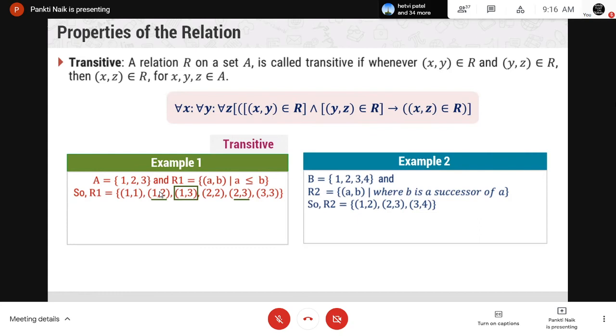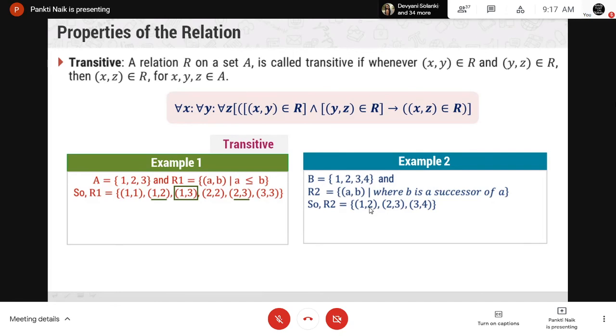Now let us see the second example, where B is equal to {1, 2, 3, 4} and relation R2 is equal to (a, b) where b is the successor of a. What is successor? Successor means next number, right?